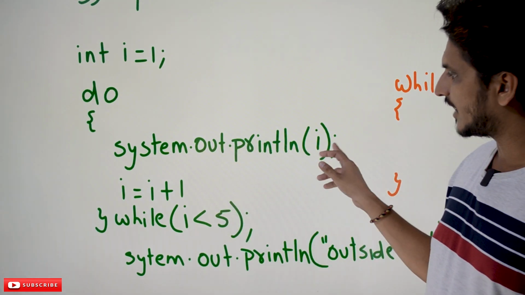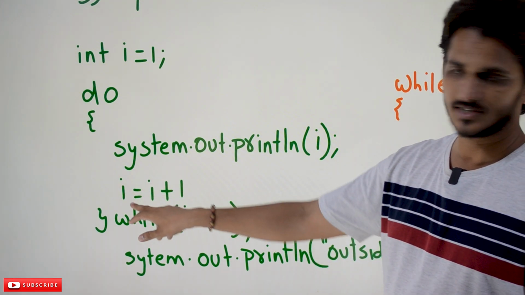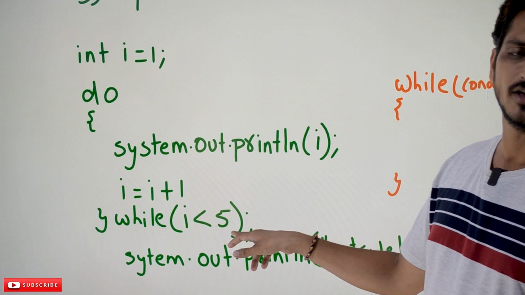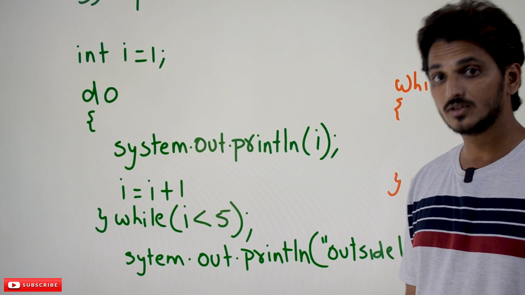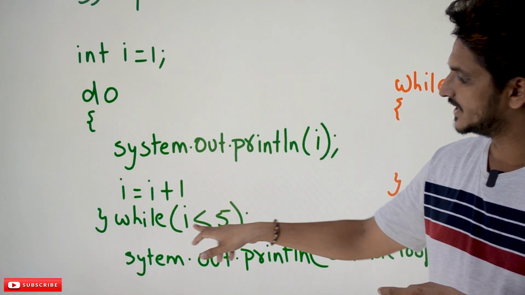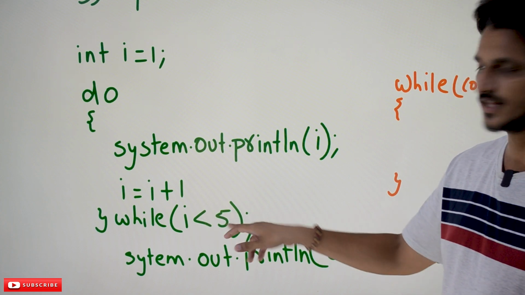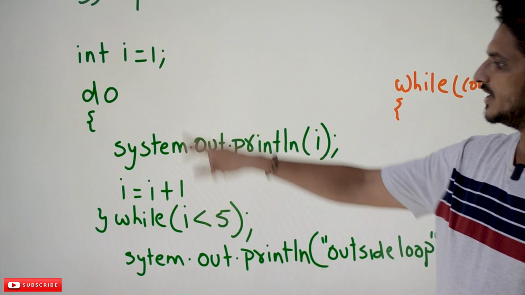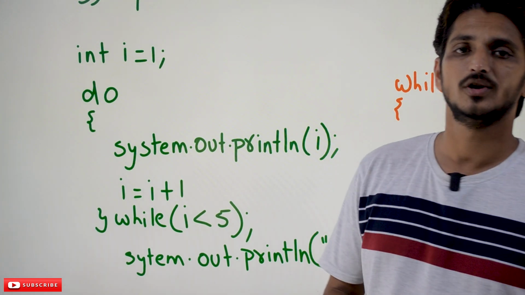So it will display 5, increment i = i + 1 means 5 plus 1 which is 6. 6 less than 5 is false, so it will come out of the loop. Even though the initial variable does not satisfy the condition, still the body is going to be executed one time. So this is how the do-while loop is going to be executed.